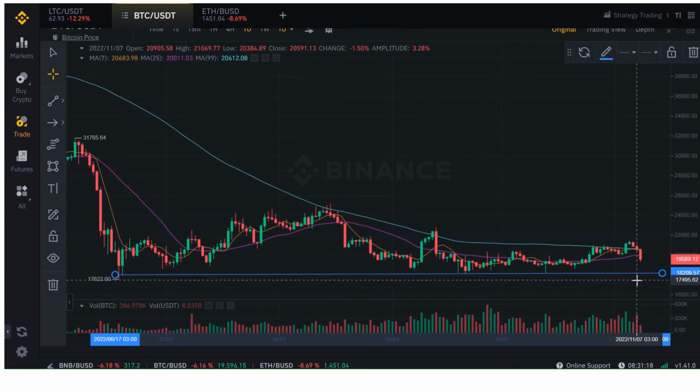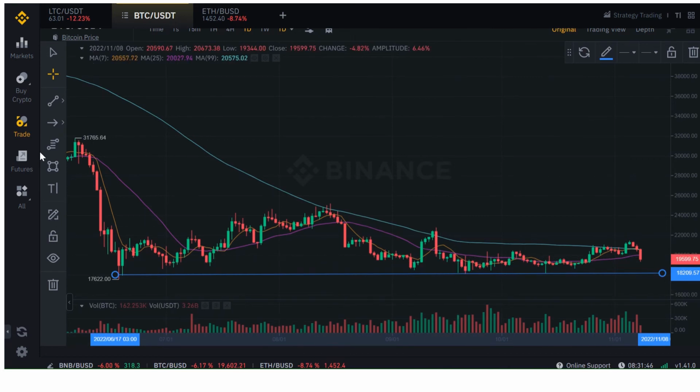Then you can lower the price just a little bit and put a stop loss just in case the price does not bounce back on this resistance or support level. In case it does not get supported at this level, so that you do not incur a loss, you can put a stop loss just below.